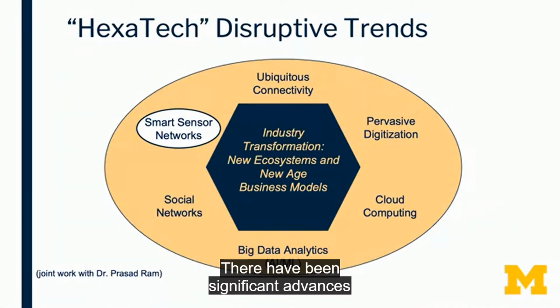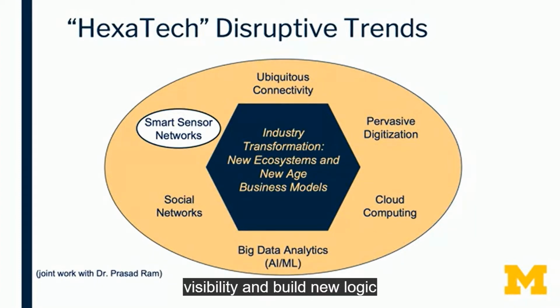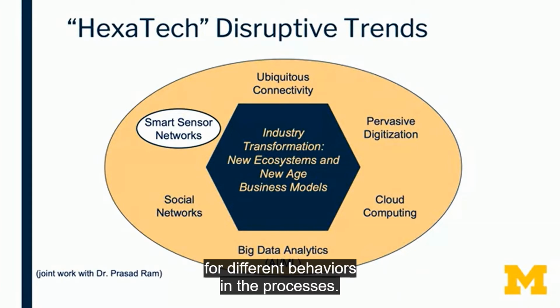There have been significant advances in sensor technologies in the last 2 decades. The costs have come down, and hence these smart sensor networks are now offering new capabilities for manufacturers to build new levels of visibility and build new logic for different behaviors in the processes.